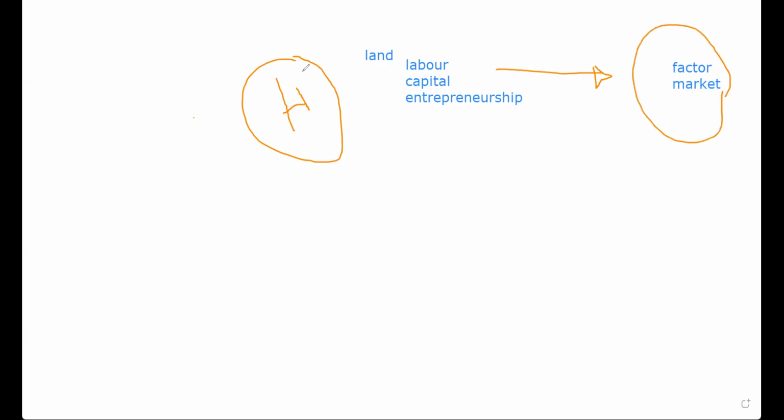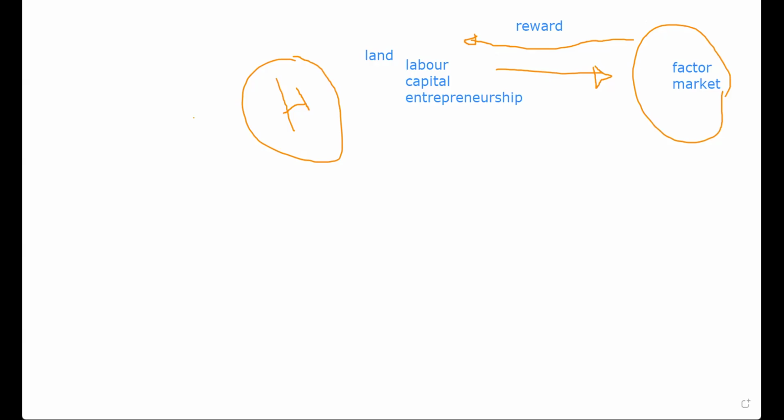So the households own the factors of production, they own all of this. They're going to take their factors of production and provide them to the factor market. The factor markets will remunerate the households for their factors of production. So they'll give rewards to households for their factors of production.